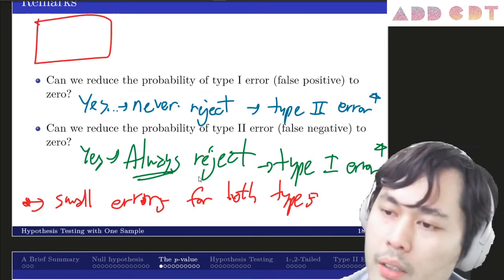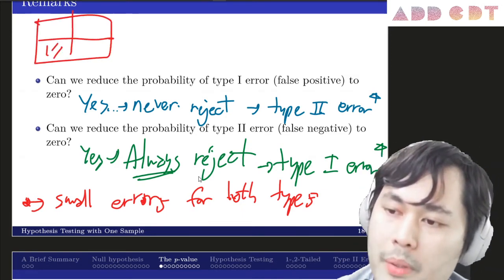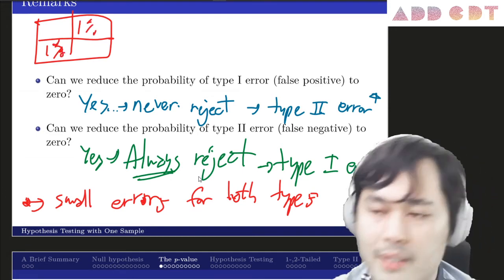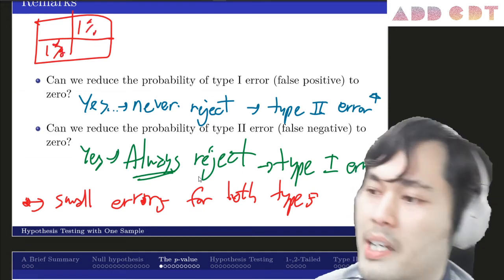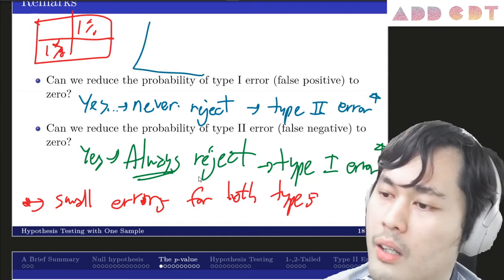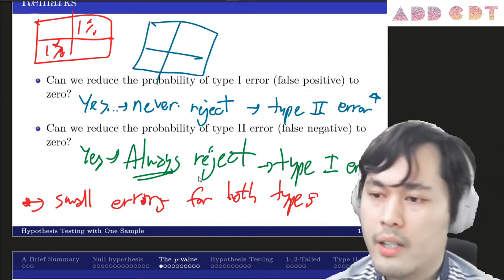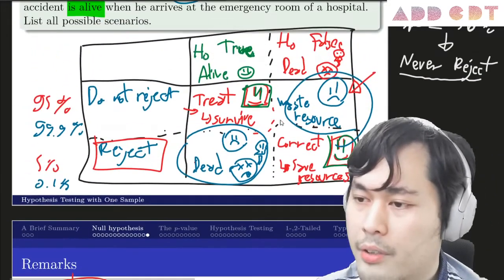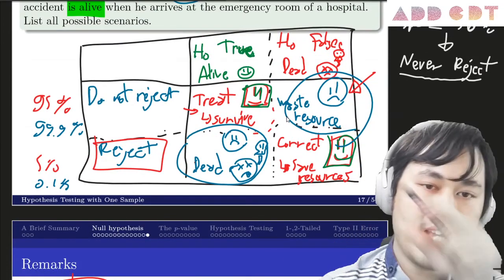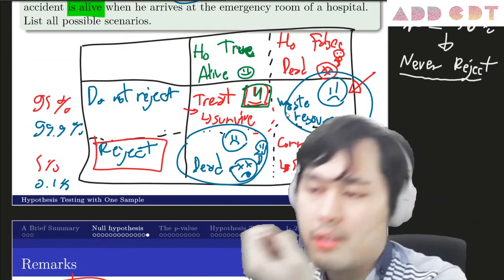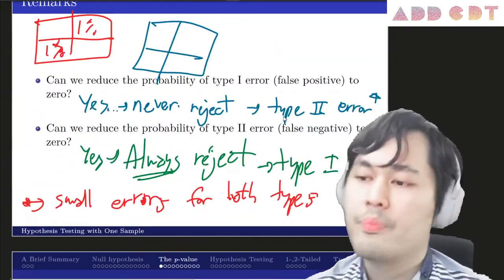Maybe we want to have 1% and 1%, something like that. That is still practical. Or in the previous example about the dead people, we don't want people to be dead. Let's say we have enough resources and we don't want to see dead people.